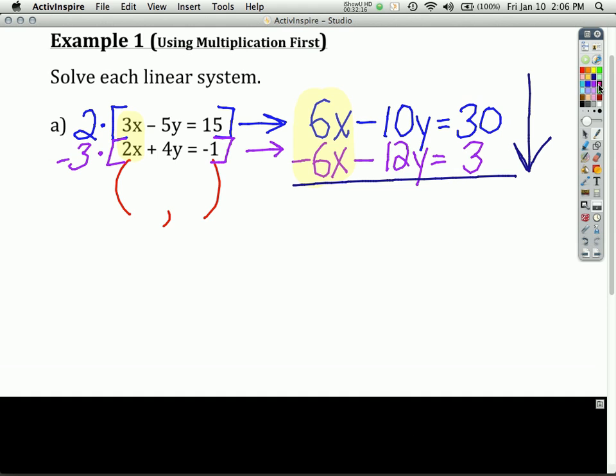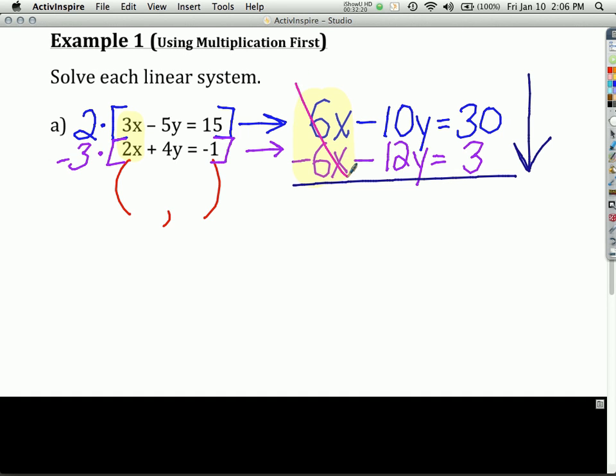So, the 6x and the negative 6x will cancel each other out, and it will disappear. Now we have a negative 10y and a negative 12y. That's a negative 22y. And then I have a 30 and a 3. That's 33. Now solve the equation.